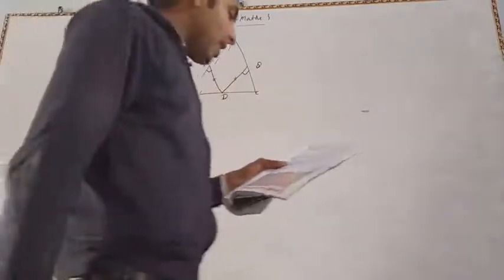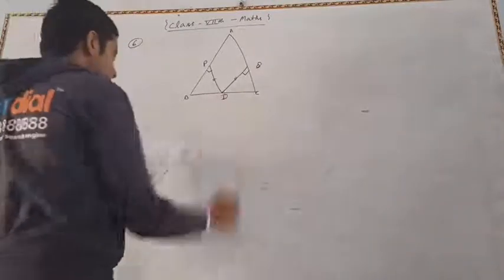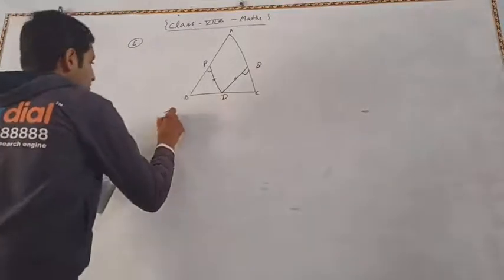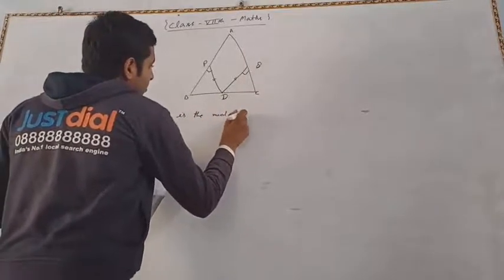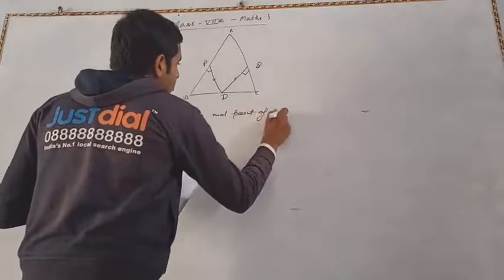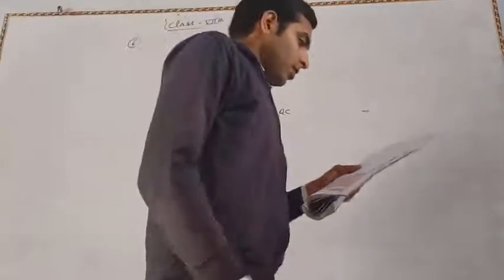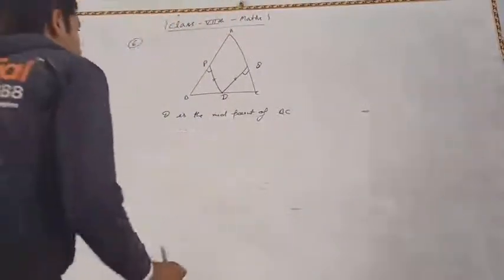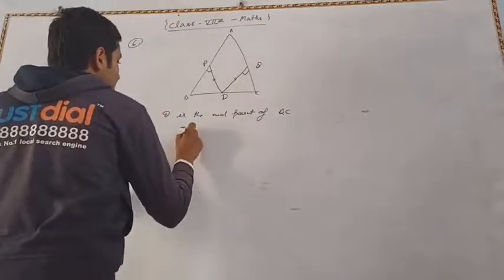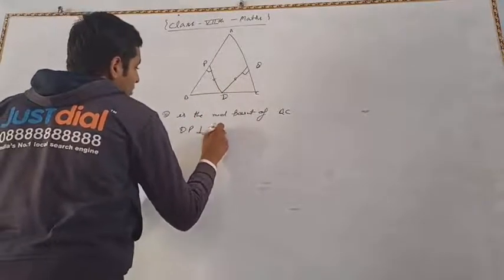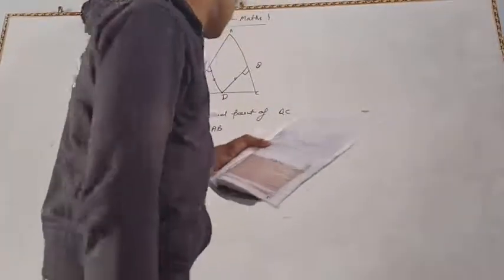So here, given that in the adjacent figure, D is the midpoint of BC. DP is perpendicular to AB, and DQ is perpendicular to AC.